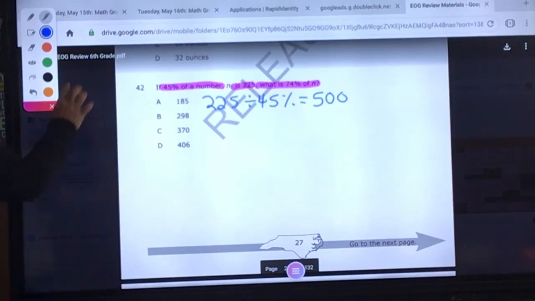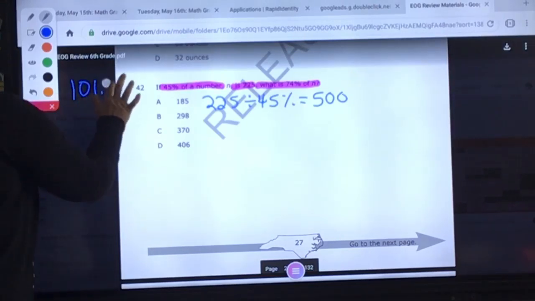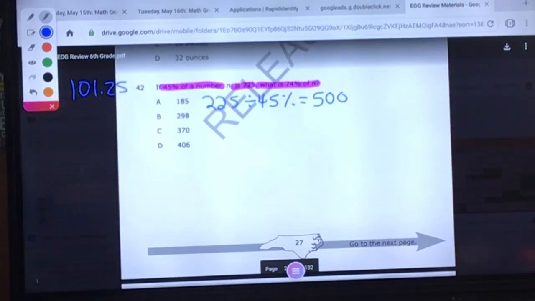Okay, so ultimately you get 101.25. Now, how do you know that answer doesn't make sense? How do you know that 101.25 does not make sense? But neither is 500. So how do I know 500 is right, but 101.25 is not right?